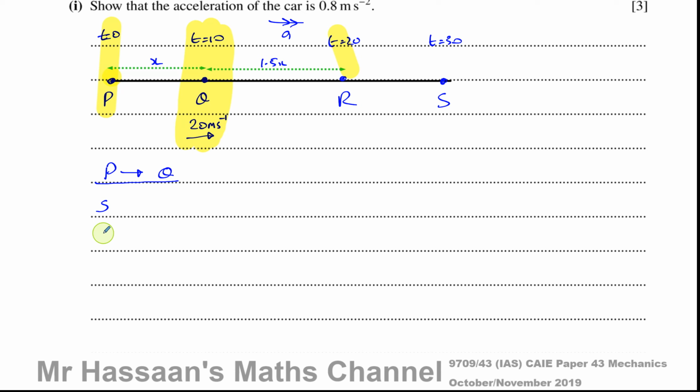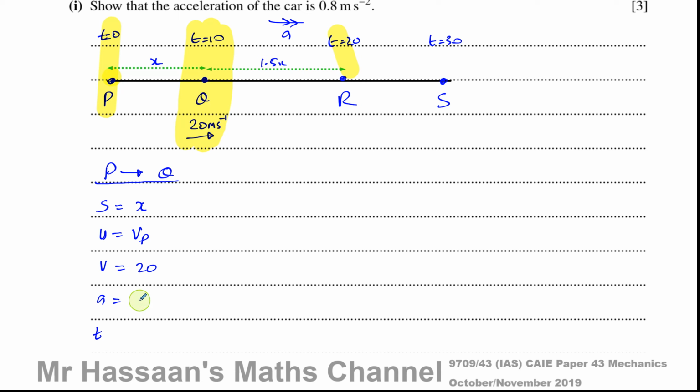I always write my suvat values. S is the displacement between those two, which is x, between P and Q. U is the speed at P, so I'll just put that as VP. V is the speed when it's at Q, which we know is 20.